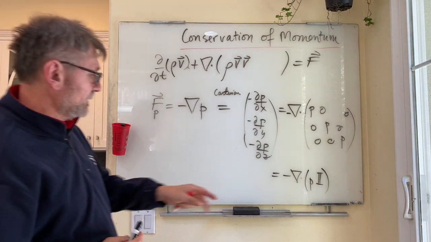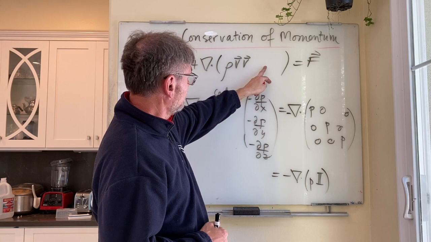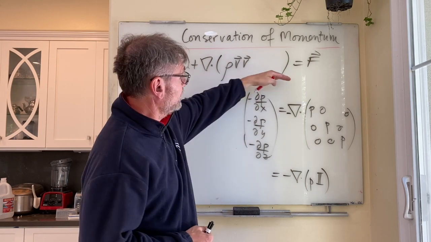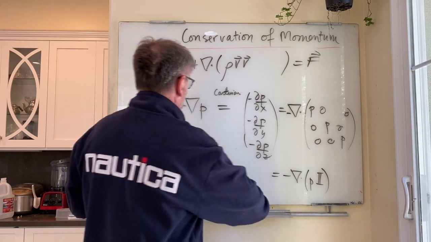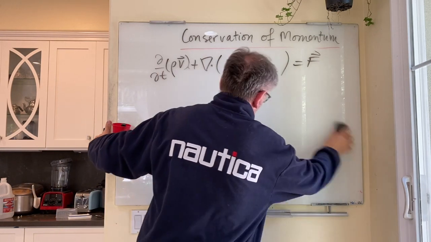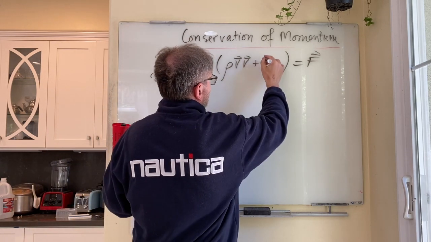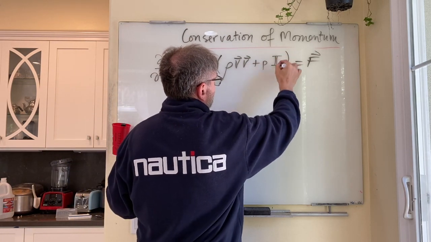And now I can bring this quantity over to this side and include the pressure inside the current of momentum density. And so this now becomes plus P times the identity.